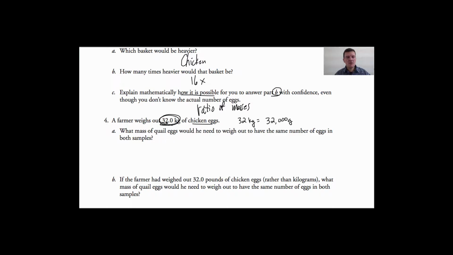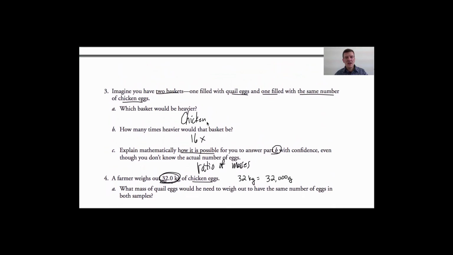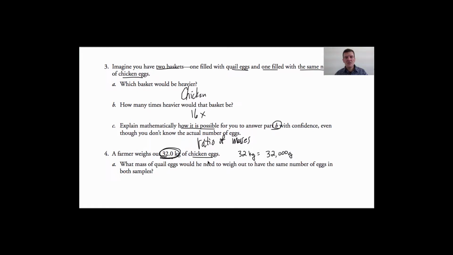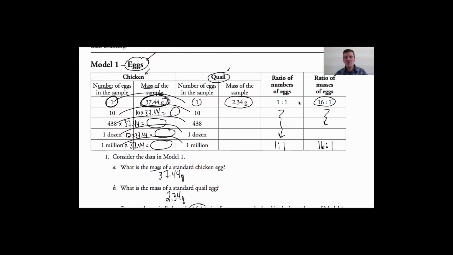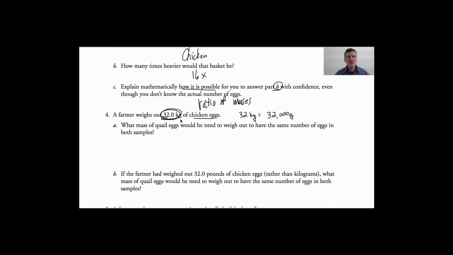So, if you have 32 kilograms of chicken eggs, if I was to find out how many chicken eggs that is, I could, or I could just use my ratio up here, 16-to-1. So, 32 kilograms of chicken eggs, that's probably a lot of chicken eggs because it's 32,000 grams.